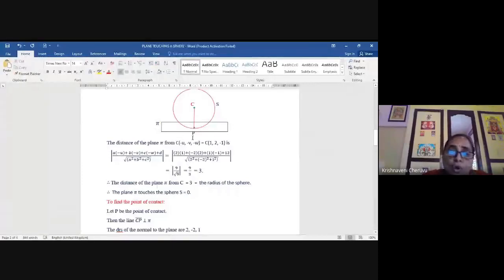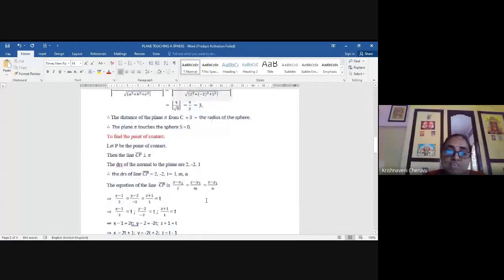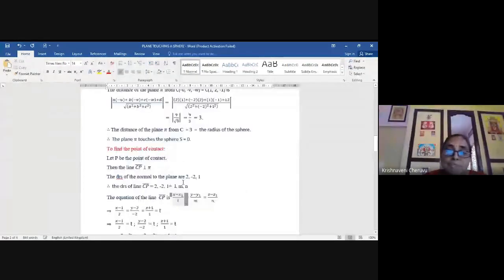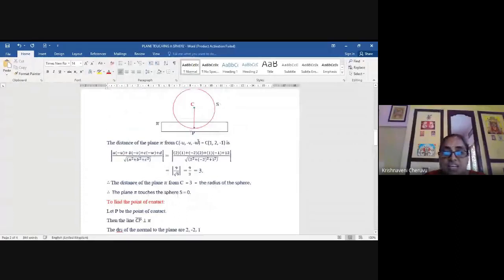And once you have to find the point P on the line, you find the equation of the line CP, girls, where CP is perpendicular to the plane pi. To find the equation of the line, you need a point and its DRs. Because CP is perpendicular to pi, and pi's normal DRs are known to you, they are the DRs of the line CP. So the equation of the line CP you can find by using the symmetric form, and you take a point on the line CP as some t like this.